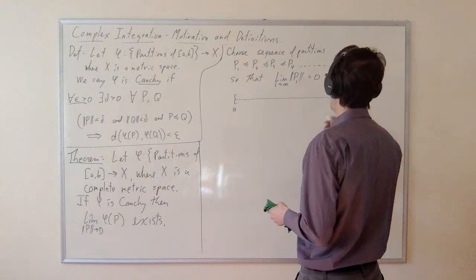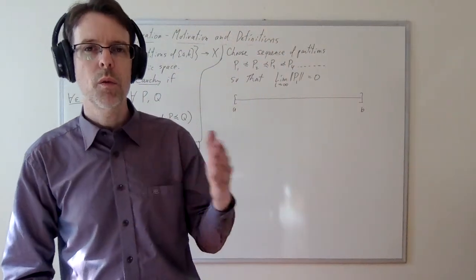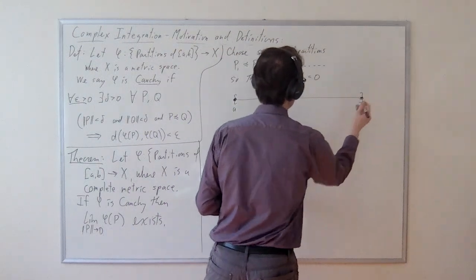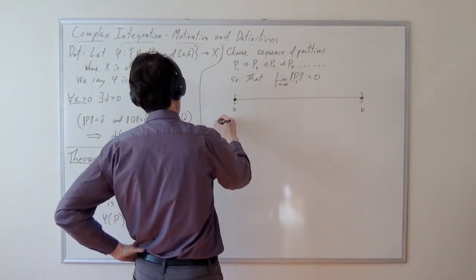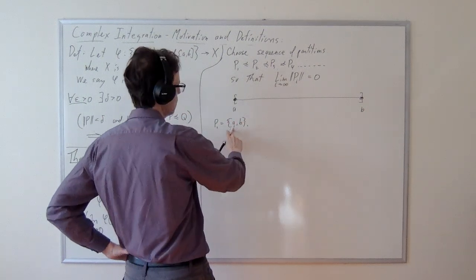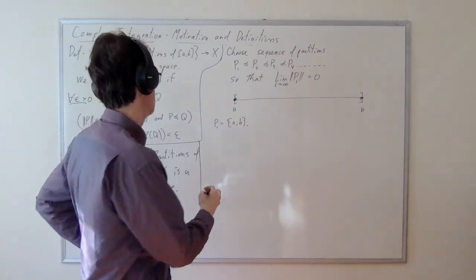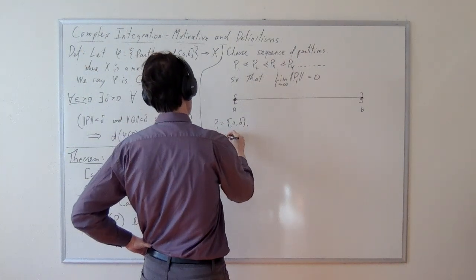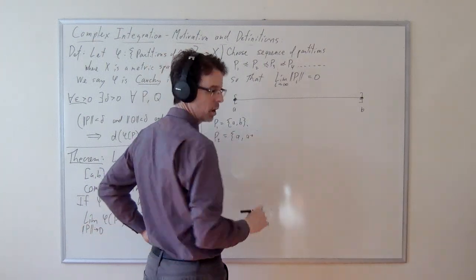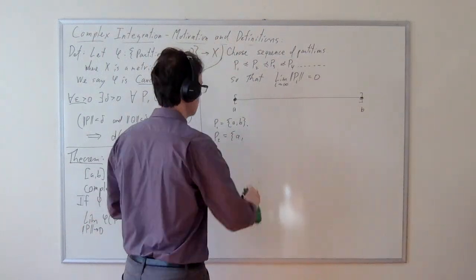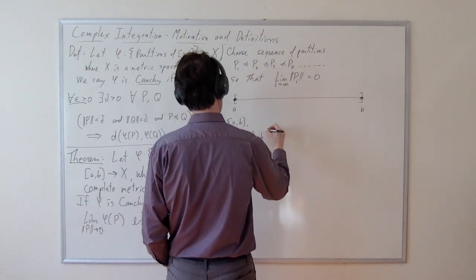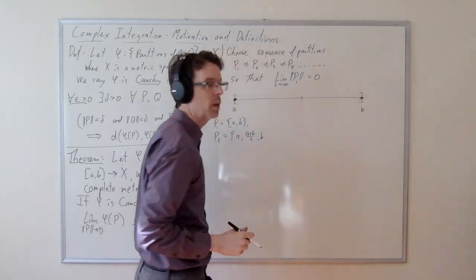So, we have an interval from A to B. P1 can simply be these 2 points. So P1 is going to be A and B. These are the only points that will be needed. And then P2 can be A, the average A plus B over 2, and B. So then we can put in an extra point, cutting it in half.